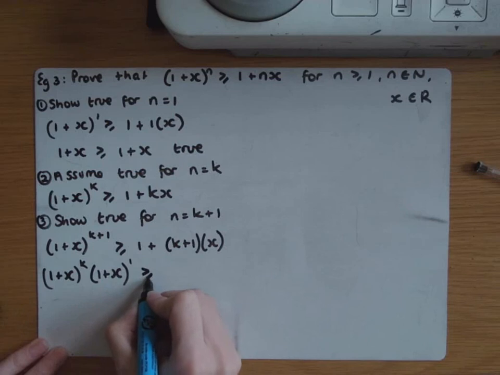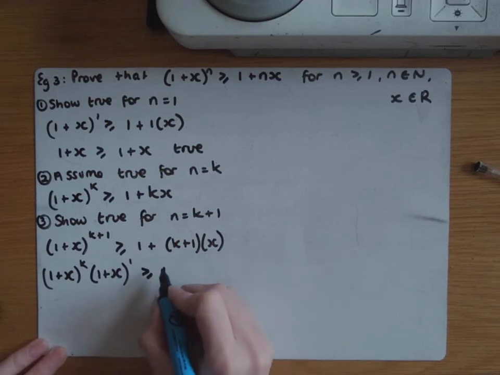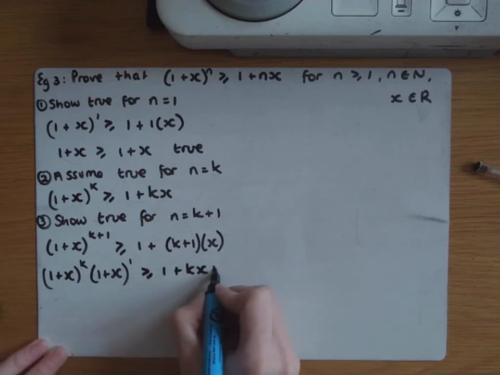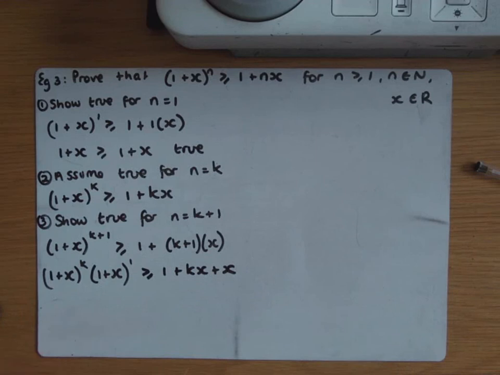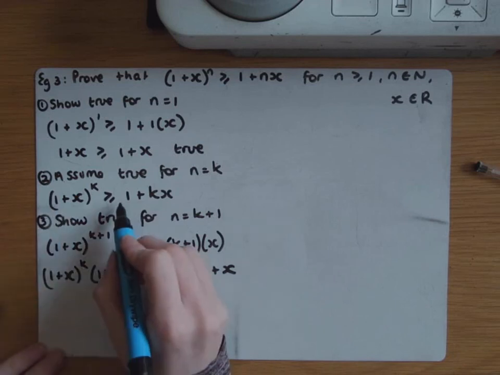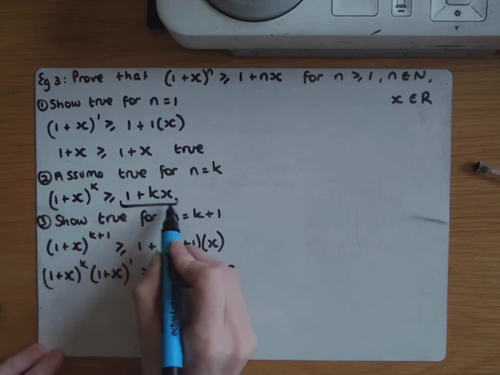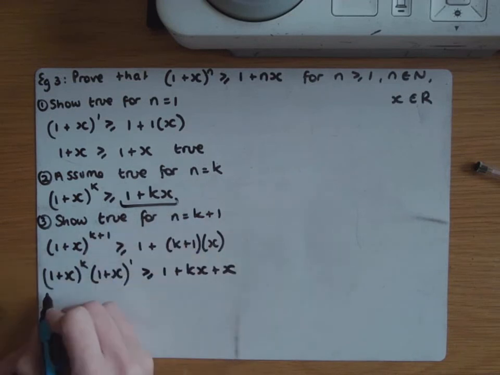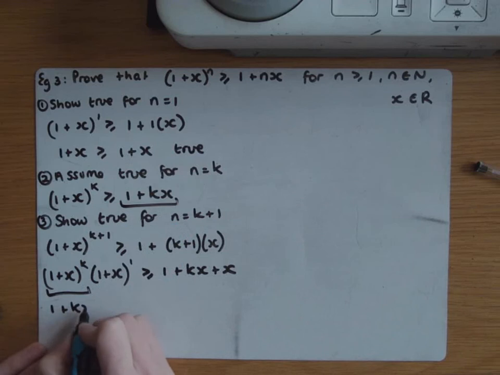And that's greater than or equal to, and that's just 1 plus kx plus x. Now, I know that this here is greater than this, so I'm going to replace it down here with my 1 plus kx.